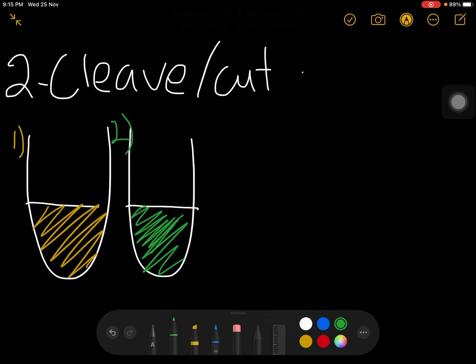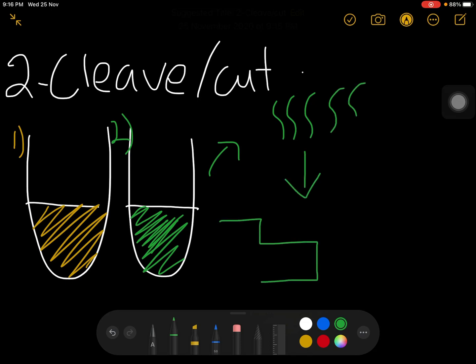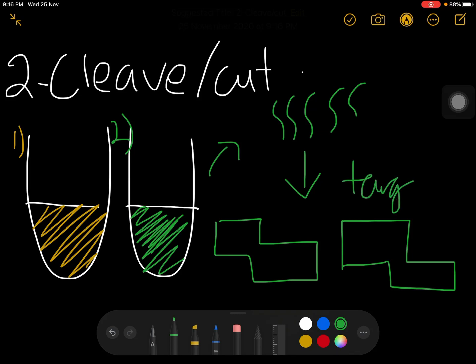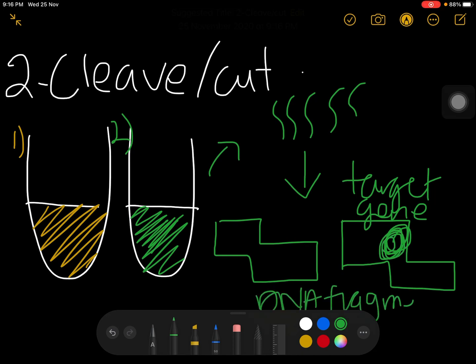This will produce fragments like this. This is a target gene, which we call a DNA fragment.